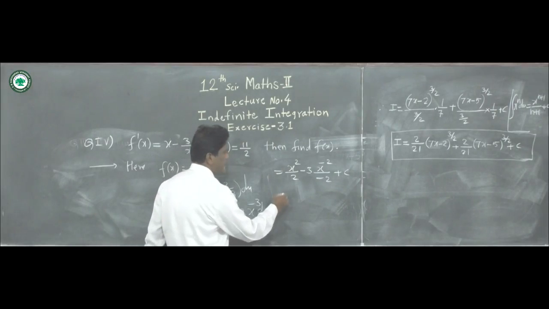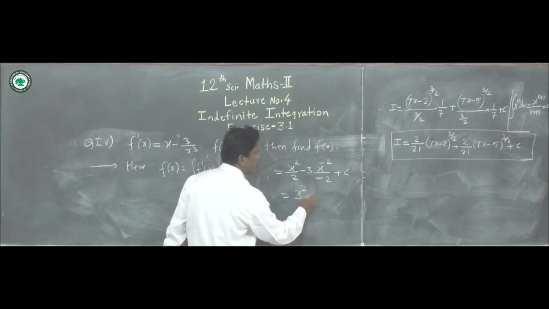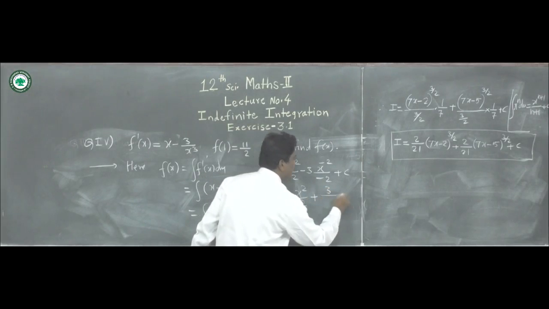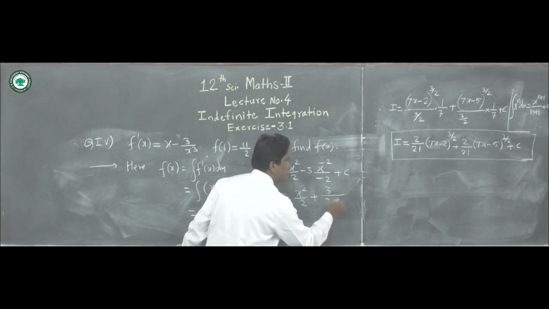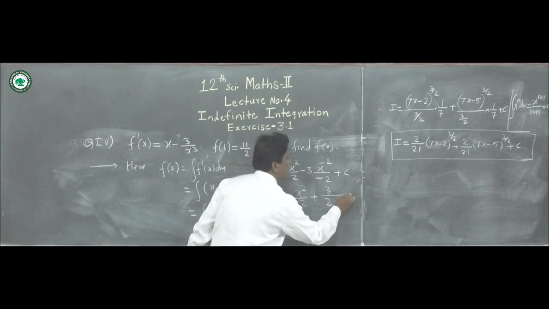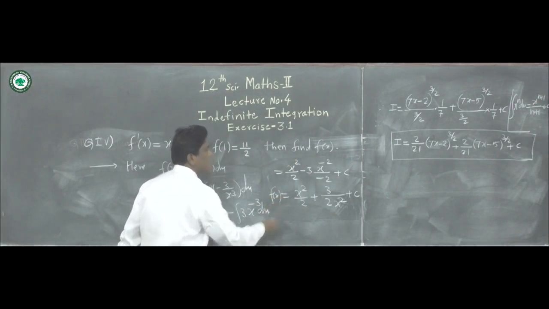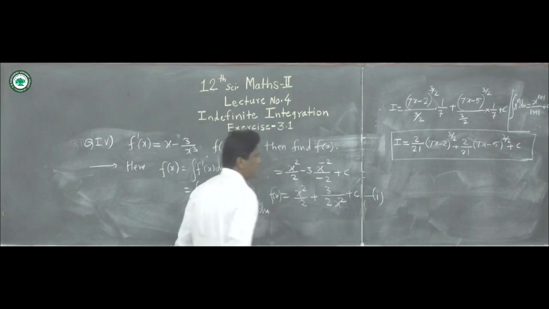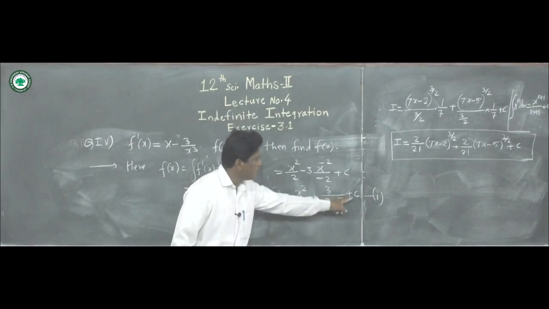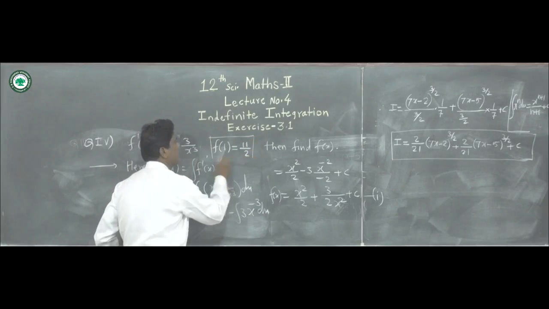And so we get here x square upon 2, this minus and minus become plus 3 upon this 2, and we make this x to the power minus 2 as a positive, that is x to the power 2 plus constant of integration. This is f of x, but here we want to find the value of c. We call this as equation number first, and to find the value of c, here in the problem we have given f of 1 is equal to 11 upon 2.